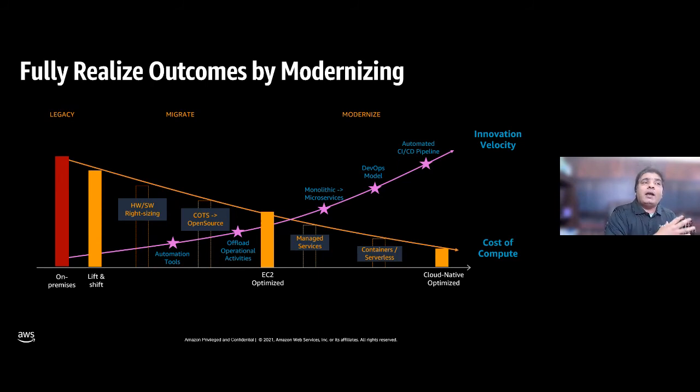And finally, by adopting higher levels of modernization approaches and services, our customers experience further cost savings, with many seeing savings as high as 60% by taking advantage of AWS cloud native services. And these savings can be redirected or reinvested into driving more innovation and value adding activities.